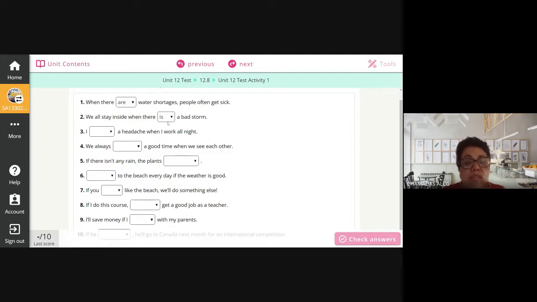So this is not simple past. This is simple present. Okay? This is what happens when there is a bad storm. I can use here when, or I can use if. We all stay inside if there is a bad storm.